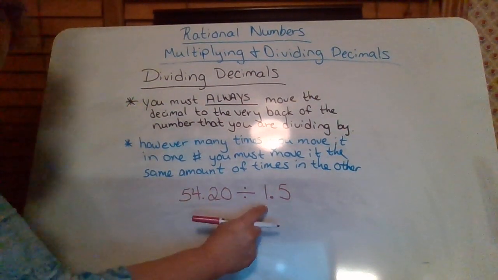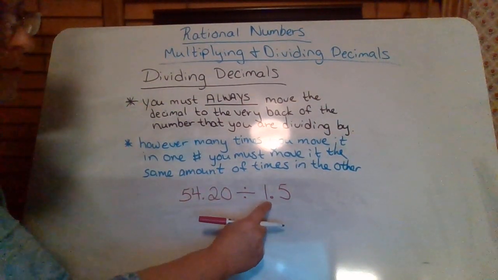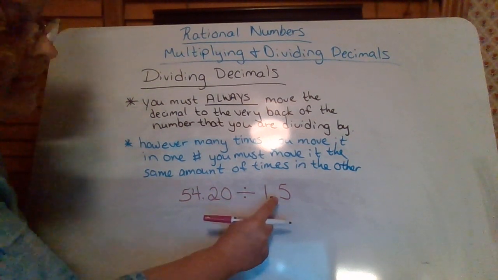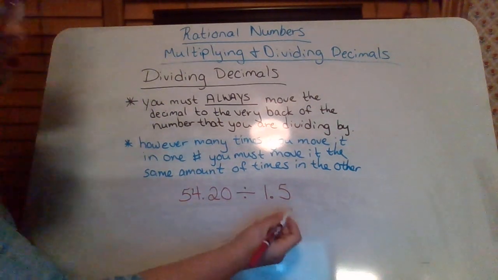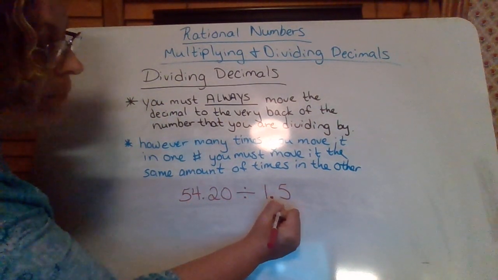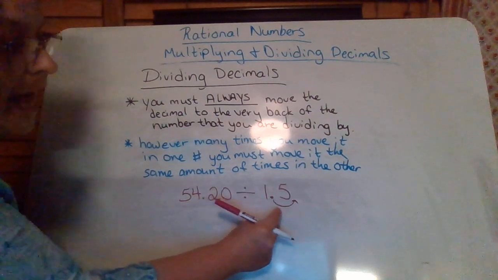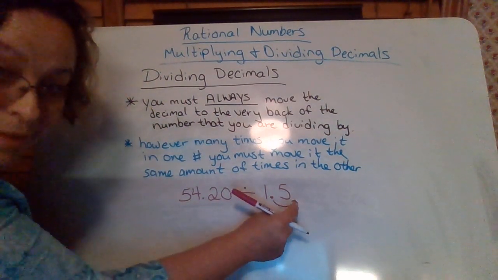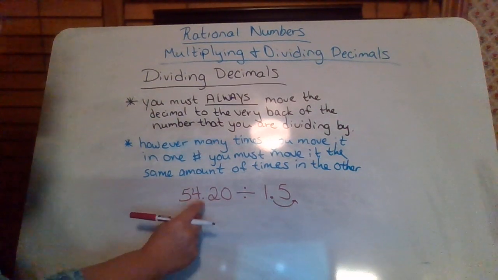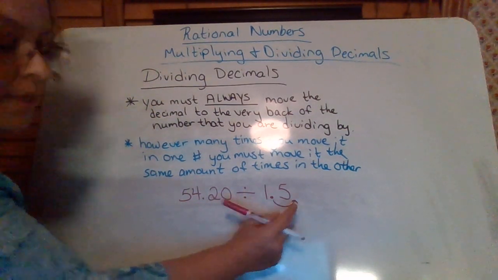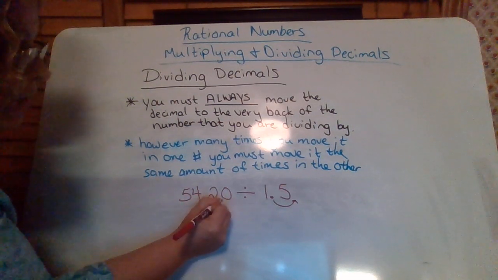That means this number right here, I'm dividing by 1.5. That decimal can't be in the middle of the number. It has to move to the back. So I'm going to have to take this decimal and I'm going to have to move it back here. However many times I have to move it for it to be at the back is how many times I have to move this one as well. So I move this one time, so I have to move this one time.